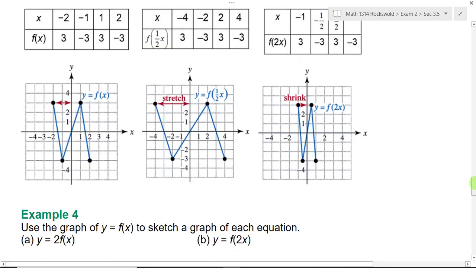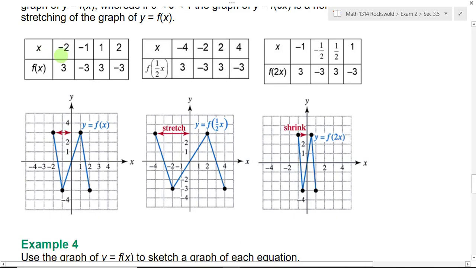So what we see here is for these x values, negative 2, negative 1, 1, and 2, our parent function has y values of 3, negative 3, 3, and negative 3. And we just connect the dots here. This is the parent function. If I multiply x by 1/2 on the inside of the parent function, what we see is a horizontal stretch.